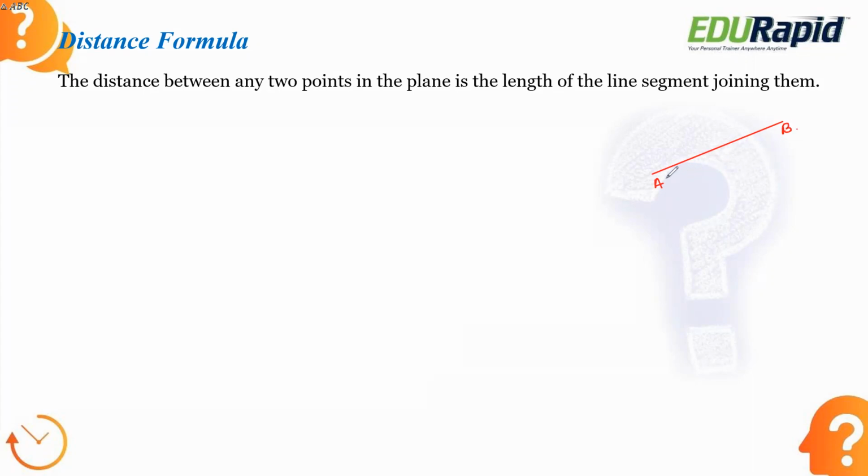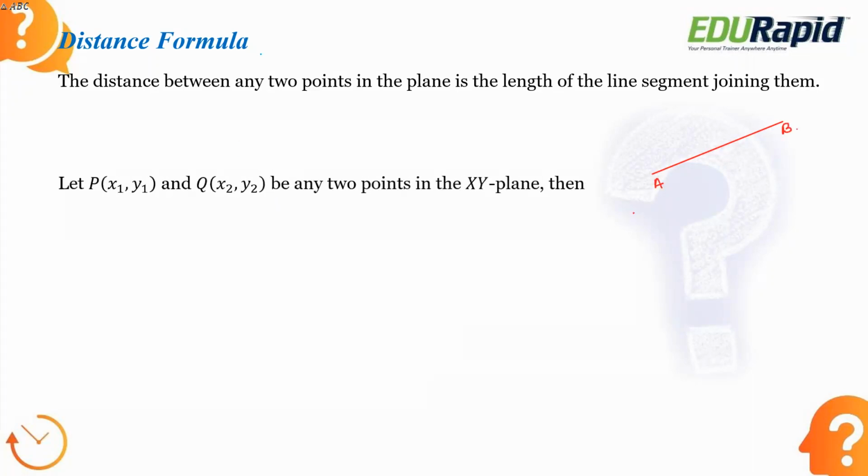You would already know the formula, but let us see what has been considered here first. Is it A or P? Okay, we have taken P. Let me not confuse you all. I'll take it as P and Q itself. I'll take it as P of x1, y1 and Q of x2, y2.